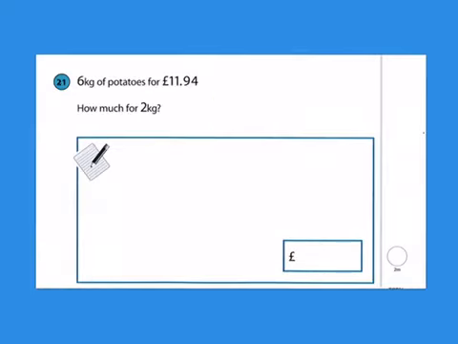Right, 6 kilograms for 11.94. How much for 2 kilograms?